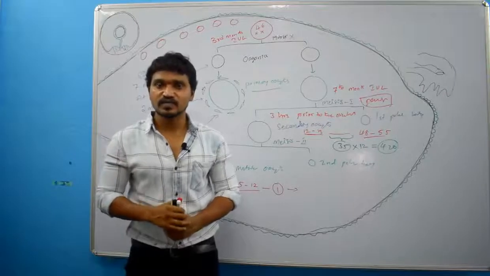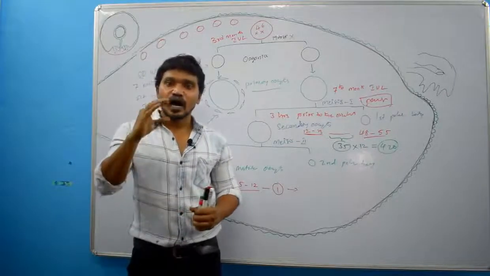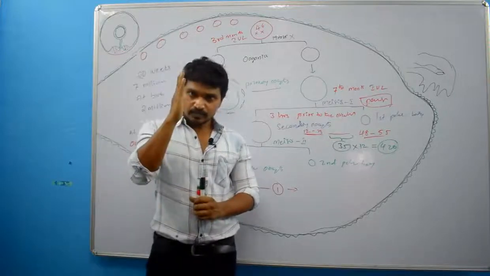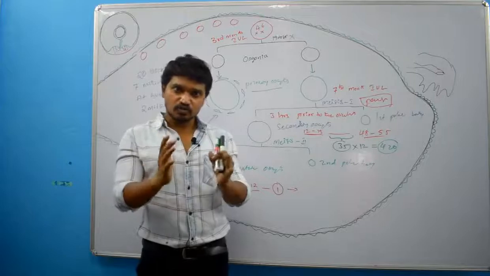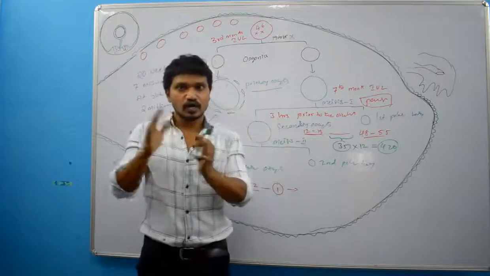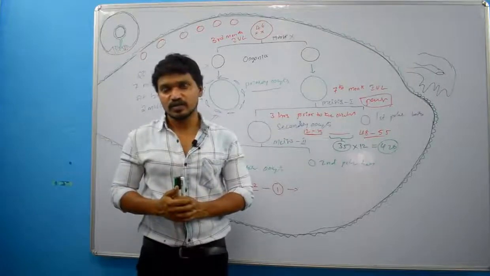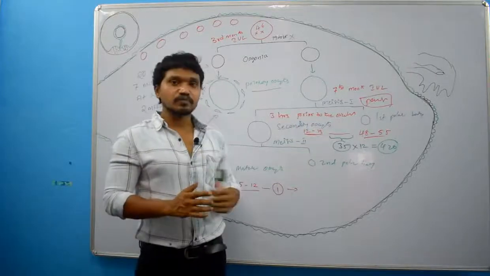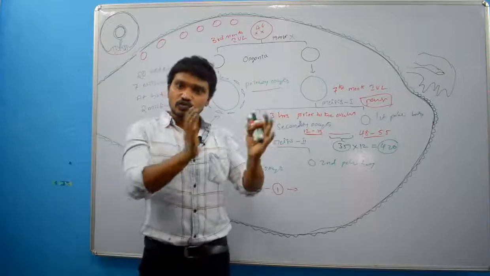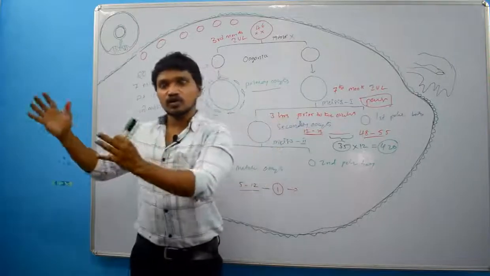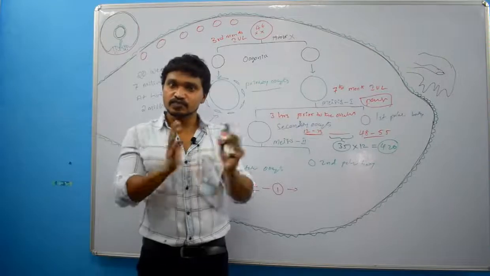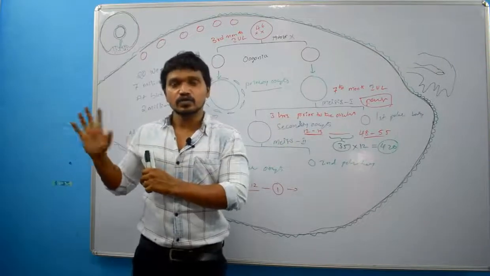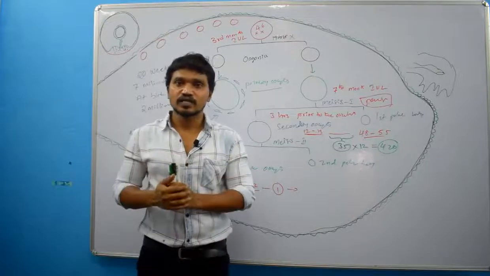What is non-disjunction? Non-disjunction is unequal distribution of chromosomes. Actually, during cell division, half of the chromosomes have to go one side, and the remaining half have to go to the other side. But in non-disjunction, instead of 23 going one side and 23 going the other, one cell contains 24 and the other contains 22, because of unequal segregation.